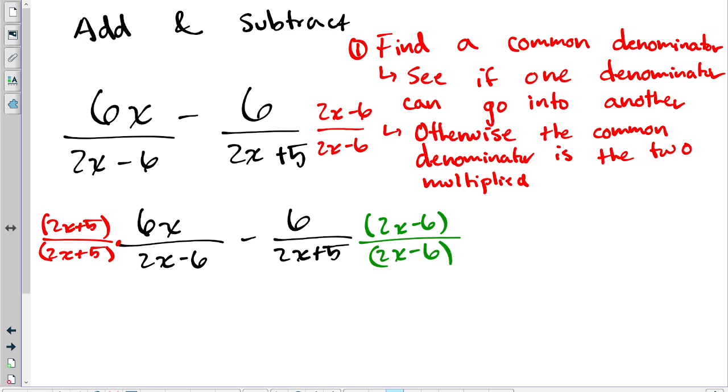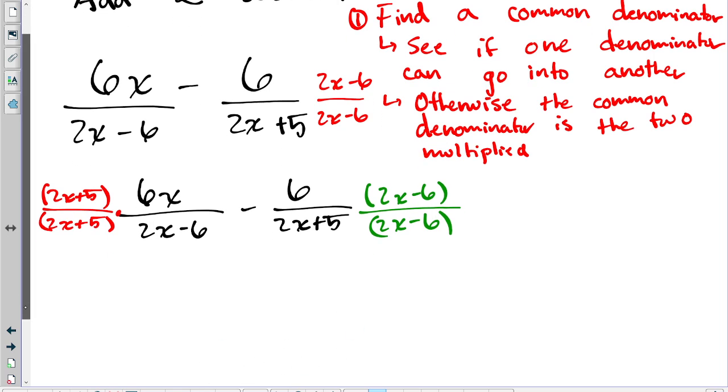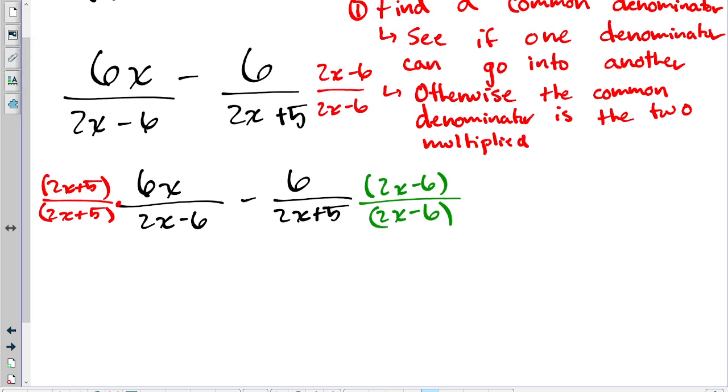And then to do that, you just multiply it out. Okay, so you're going to distribute whatever's in the top to the top, and then you want to just keep the bottom as the multiplication of the same two fractions. Okay, so when I multiply out the top, here's what I'm going to get. I'm going to get 2x times 6x and 5 times 6x. So that's going to be 12x squared plus 30x.